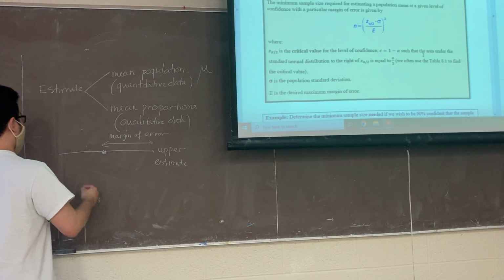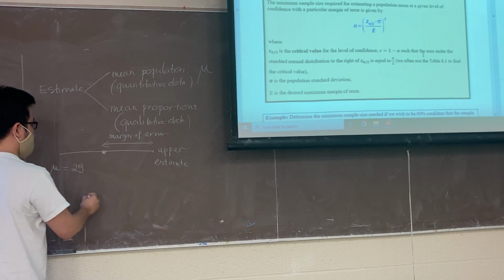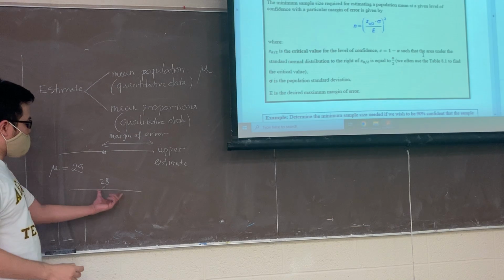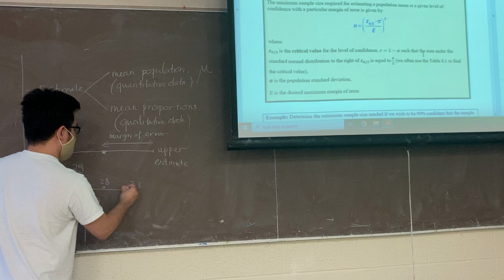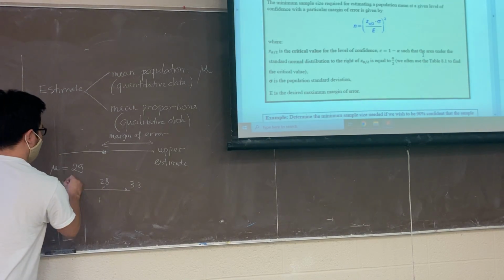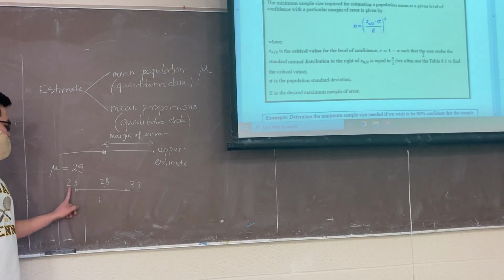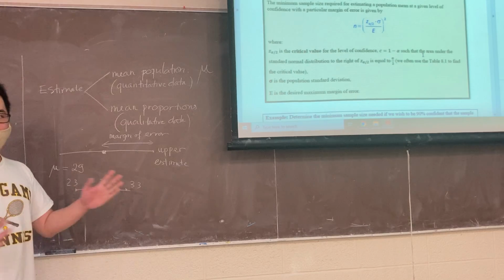For example, I assume that the mu we need to estimate is 29, and the point estimate is 28. The margin of error in this case is 5, and I get 33 and 23, right? So you see the interval from 23 to 33 is very large, right?